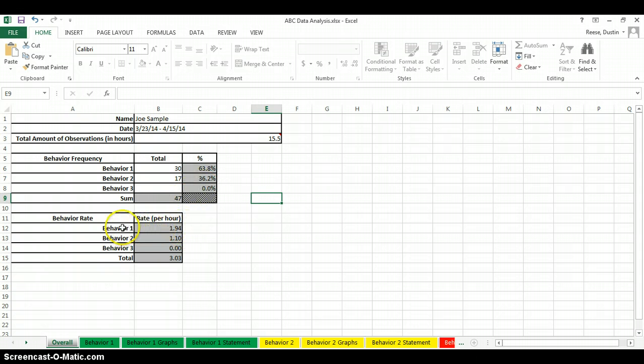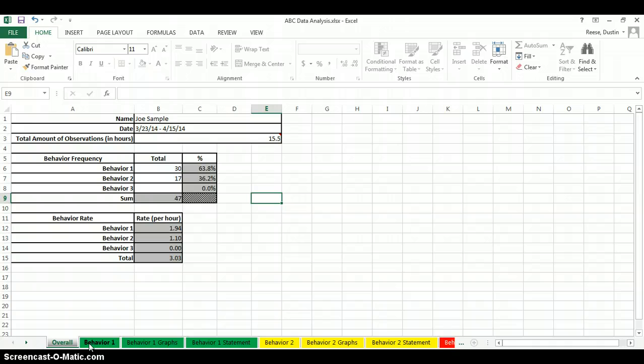So based on the amount of disruptive behavior that occurred, which was 30, in 15.5 hours, that would compute to a rate of 1.94 disruptive behaviors per hour. And the same with refusal behavior. So all of this calculates to give you a basic idea of the amount of times that the behavior was occurring and how often.